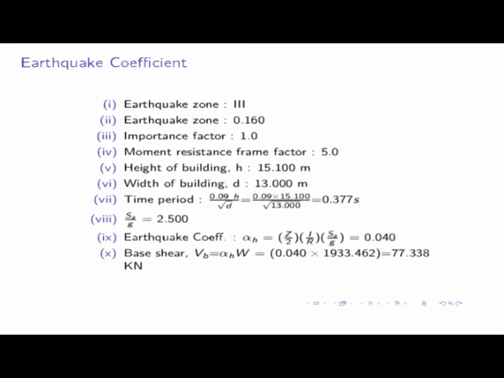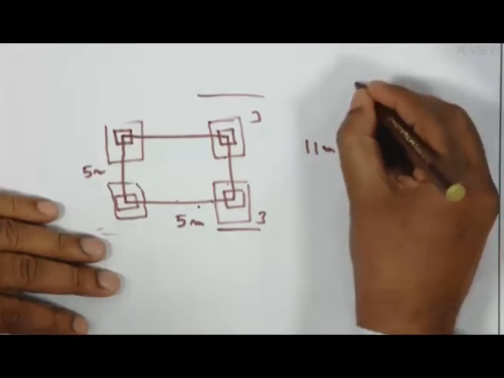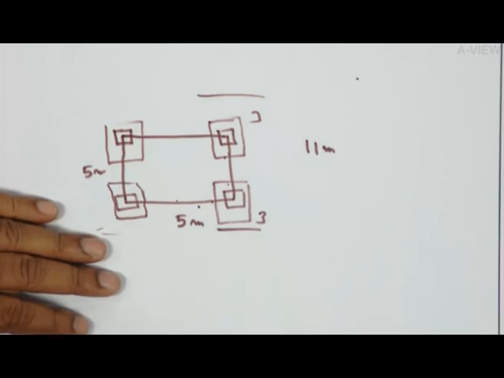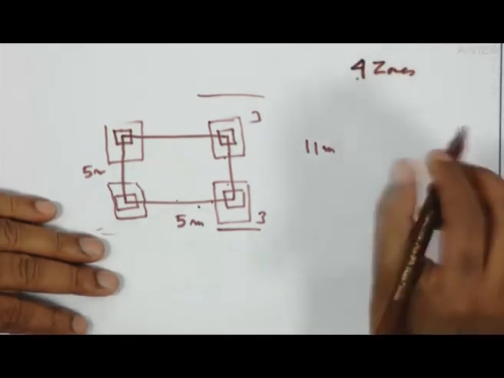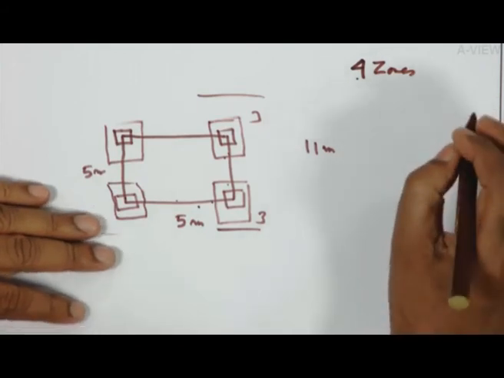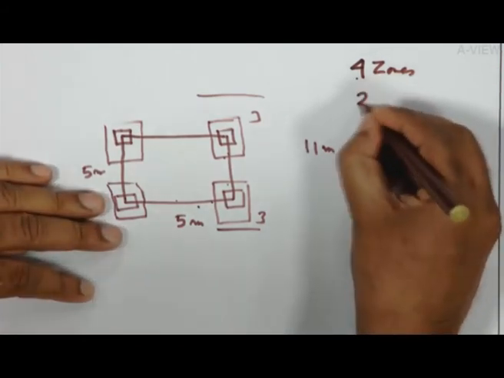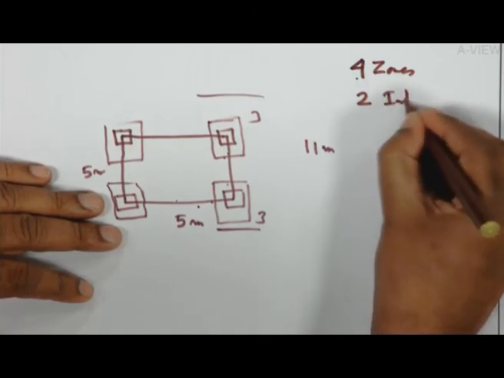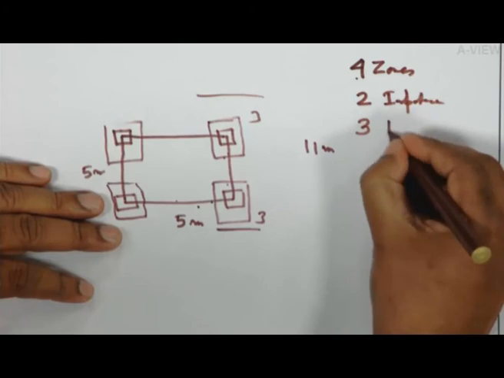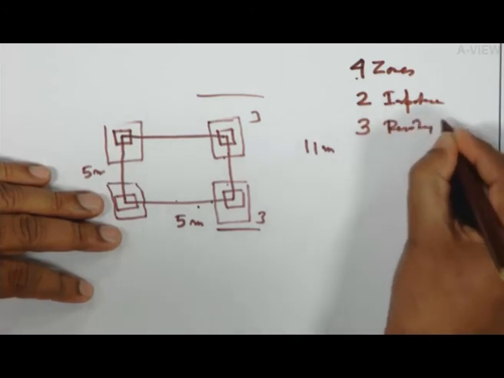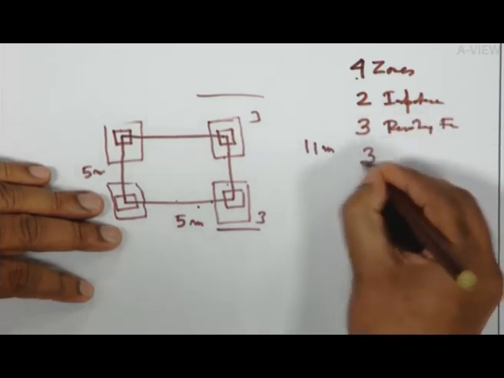Then we are having that other case. Just to give you an idea, I can consider here 4 zones, then 2 importance factors, 3 resisting factors, 3 soil conditions.